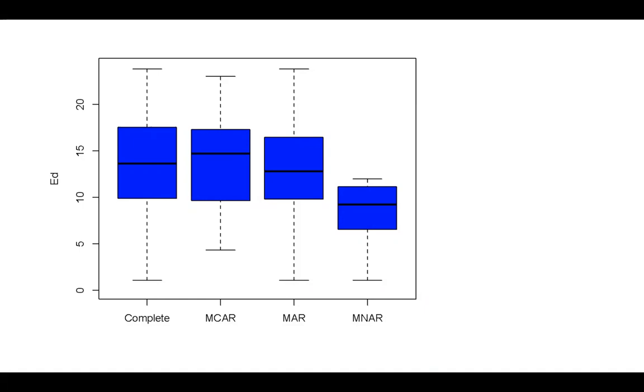Okay, so the mean of education will be affected if we were to just drop all the missing values. In other words, if we ignore the fact that some of the values are missing and just analyze the data we have, we will get a very wrong answer if we look at the missing not at random data, and a slightly wrong answer with the missing at random data. With this particular data set, it looks like randomly the mean for missing completely at random is higher.